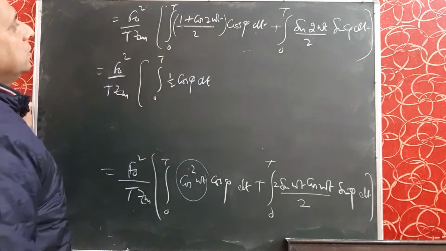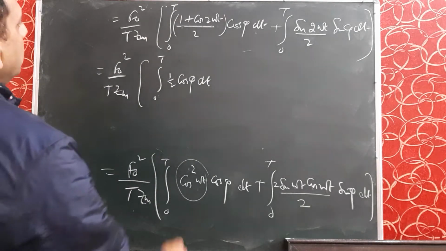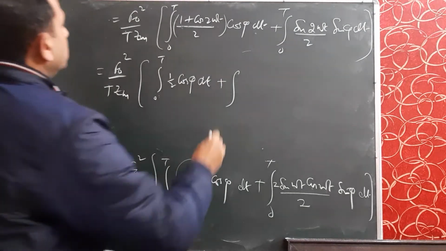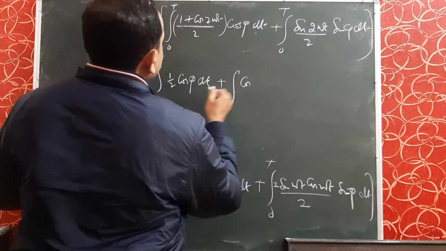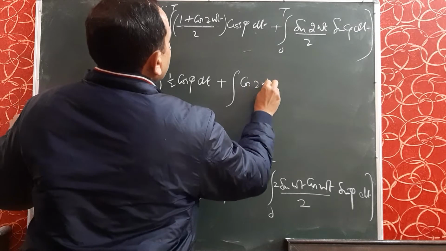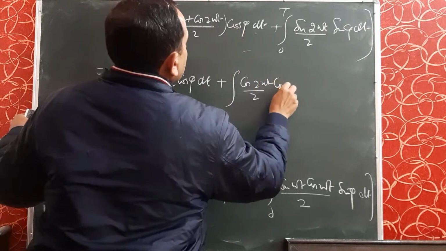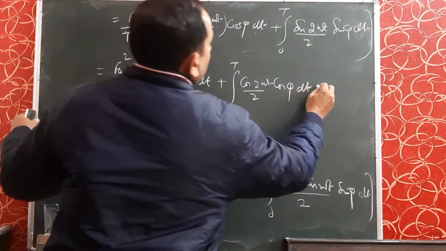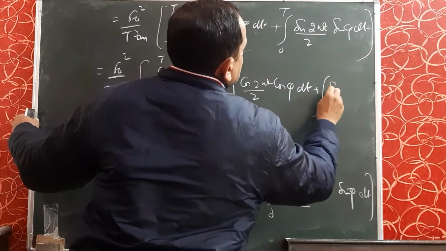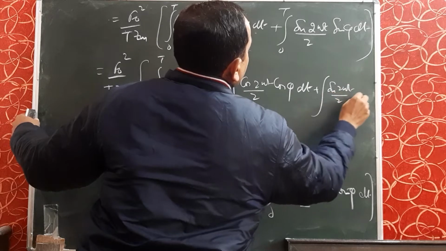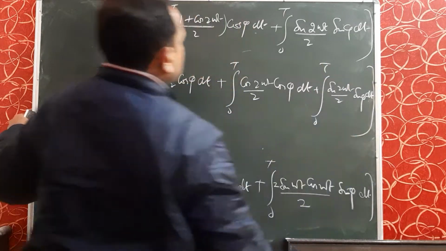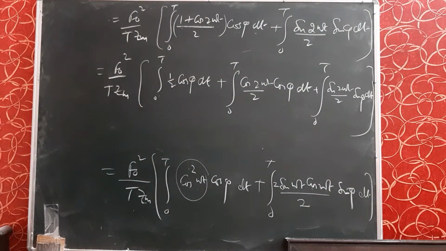The first term will be separated and the second term is integral cos 2 omega t upon 2 into cos phi into dt, okay, second term, and the third term remains as it is, sin 2 omega t upon 2 into sin phi into dt, 0 to T. So, there are three terms consisting of integral part.